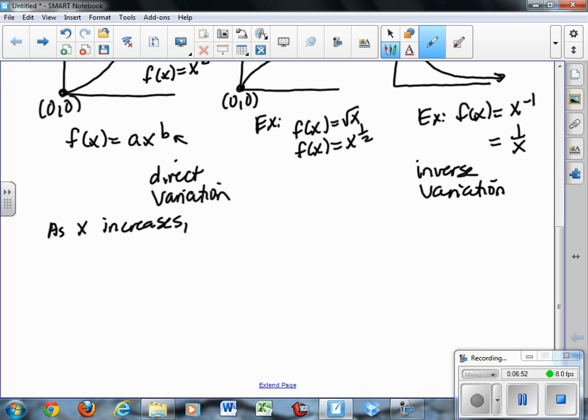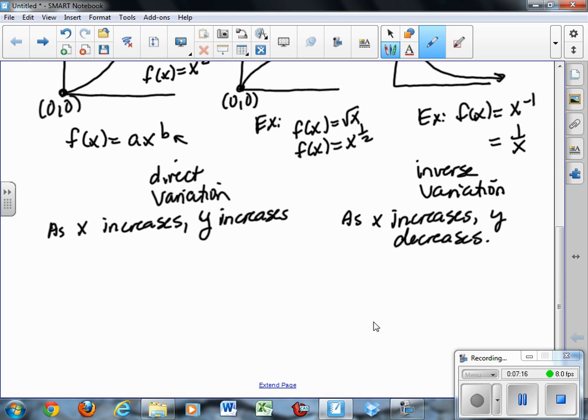So we have a direct relationship between x and y. As x increases, y increases. In inverse variation, we're saying as x increases, y decreases. So we have an inverse relationship.